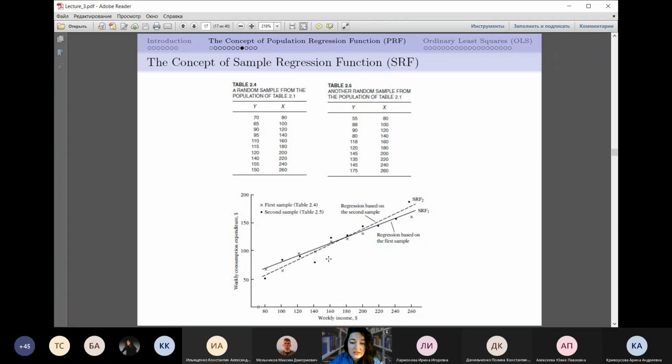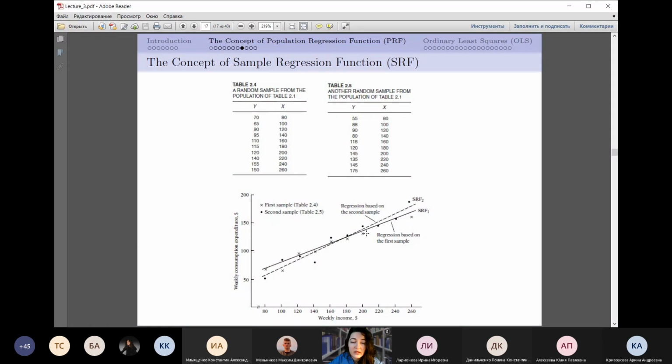So we obtain this scattergram shown in this figure, and here you can see circles, and here you can see some crosses. That means that circles come from one sample and crosses come from another sample from the same population. Through these scatter points, we have drawn visually two straight lines that fit the scatter points reasonably well.